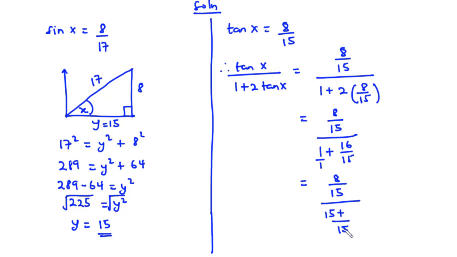Plus 15 divided by 15 is 1. 1 times 16 is 16. So this is equal to 8 over 15 divided by 15 plus 16 is 31. So 31 over 15.